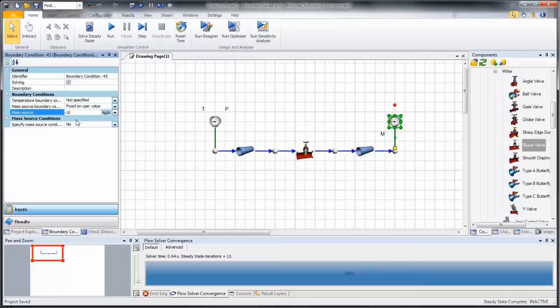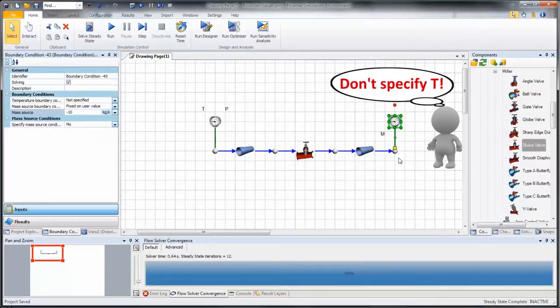So it will maintain its enthalpy value, which is related to temperature, all the way in our network. And if we were to add a temperature value specification at the outlet boundary value, we would only create an energy source on that point, which will have no effect on the network whatsoever. So the bottom line to this is, don't specify the temperature at the outlet boundary value.